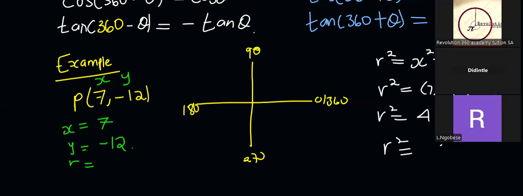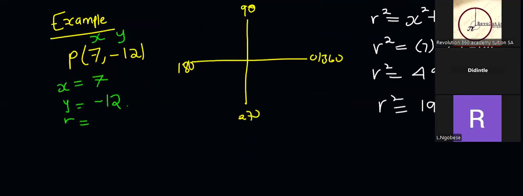So it's 193. You don't want R squared, you just want R. R is equal to the square root of 193, which you leave like that.